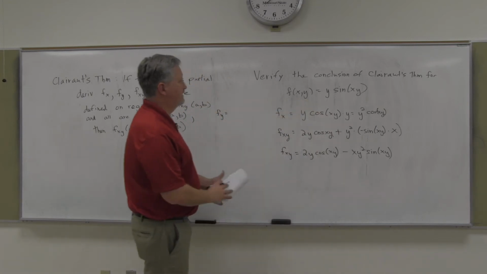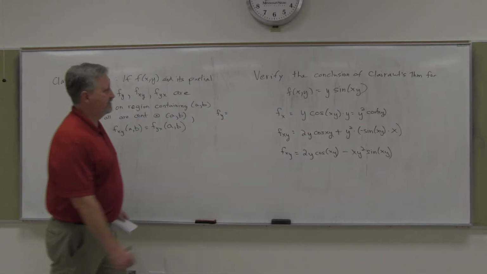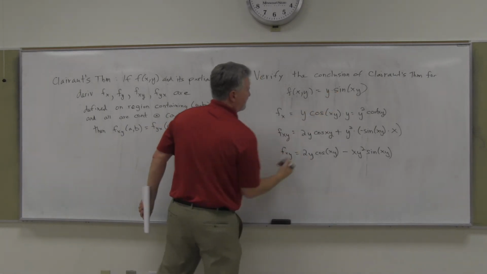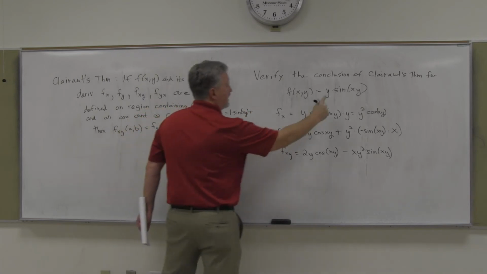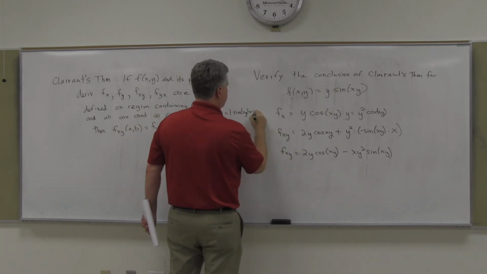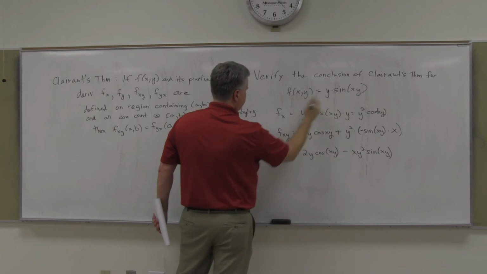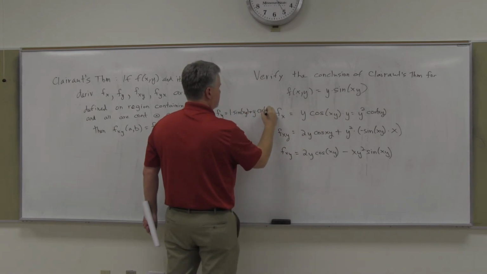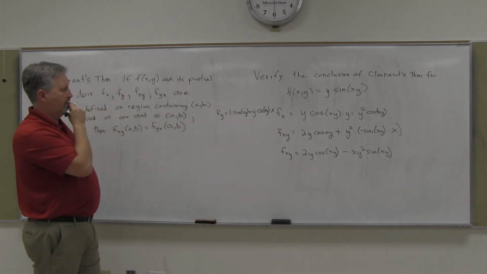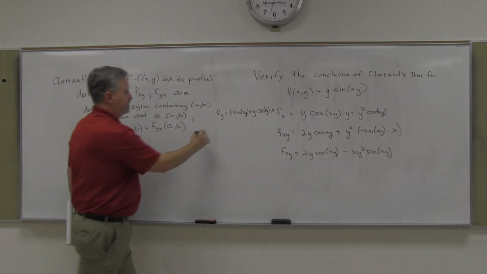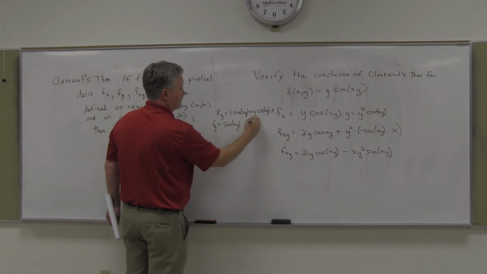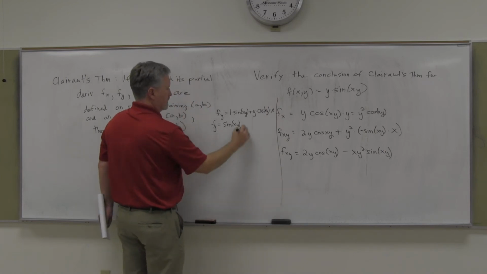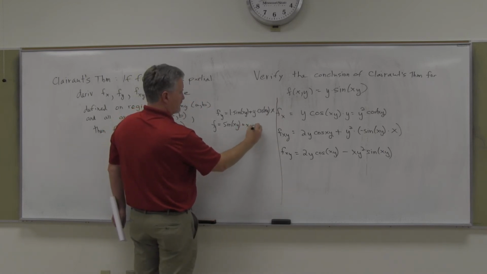Well, that complicates it right off the bat because you got a product, because you got y here and y there, so it'd be 1 times sine of xy plus, reverse it, y times the derivative of that with respect to y, so cosine xy times x. Let's rewrite that. Sine of xy plus xy cosine of xy.